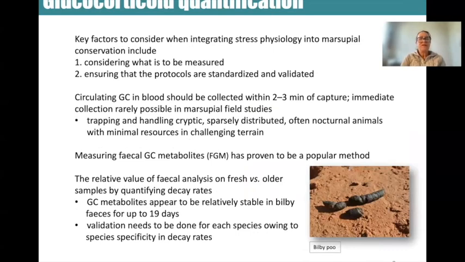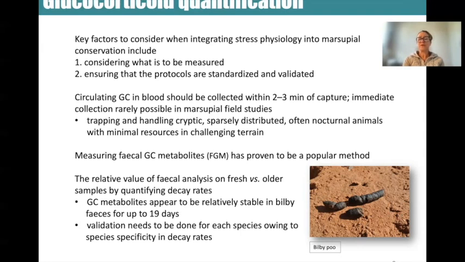Key factors to consider when integrating stress physiology into marsupial conservation include considering what is to be measured and ensuring that the protocols are actually standardised and validated. So circulating glucocorticoids in blood should be collected within 2 to 3 minutes of capture.